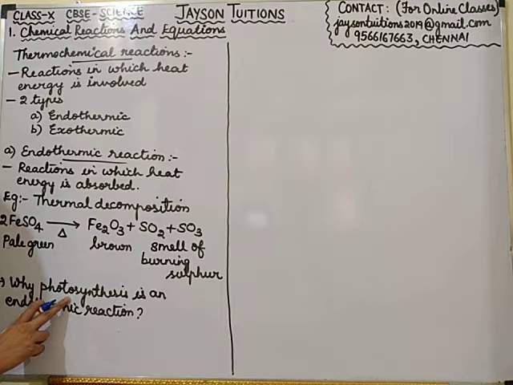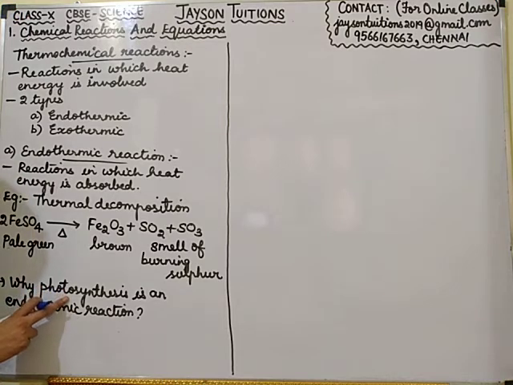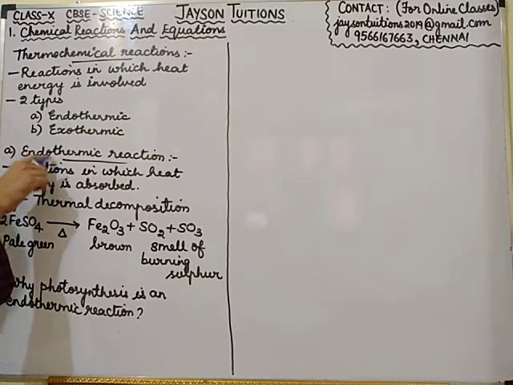It is the process in which green plants prepare their own food. How do they prepare their own food? In the presence of sunlight. Sunlight means light energy is absorbed and also heat energy is absorbed. So photosynthesis takes place by the absorption of heat and light energy. That is why we can categorize photosynthesis as an endothermic reaction.